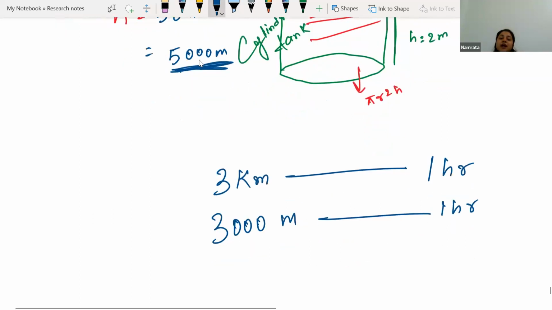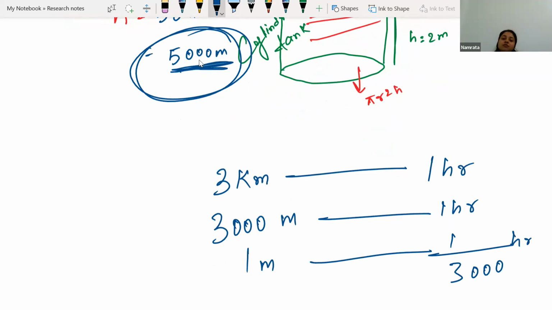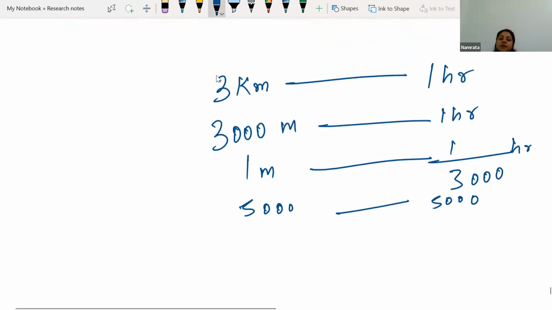We have to find it for 5000 meter. So for 1 meter, it will be 1 by 3000 hour, and for 5000 meter, it will be 5000 by 3000. That much hour will be needed. Are you getting it?